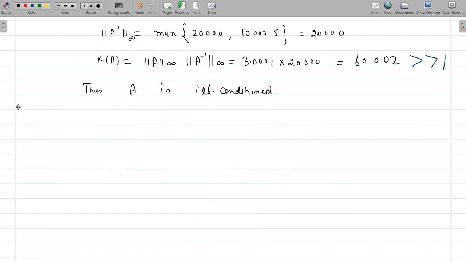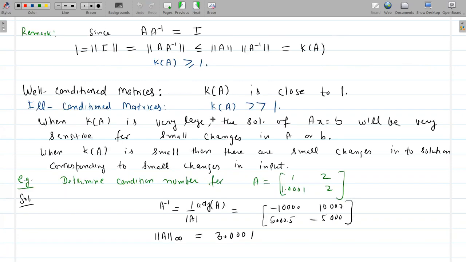Also, I write an important remark here. Indirectly, you can say that condition number is inversely proportional to determinant of A. For this example, firstly find adjoint, then divide by the determinant.